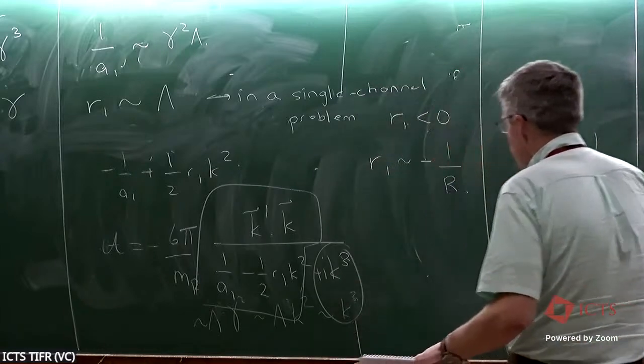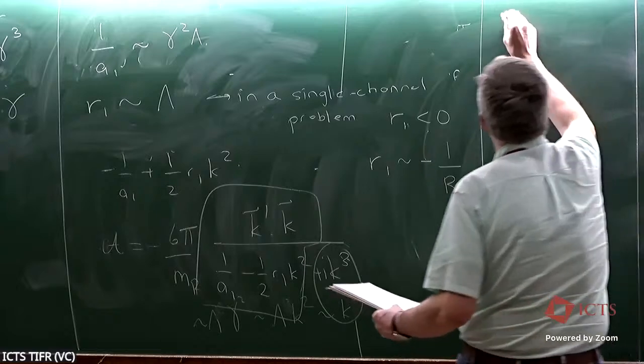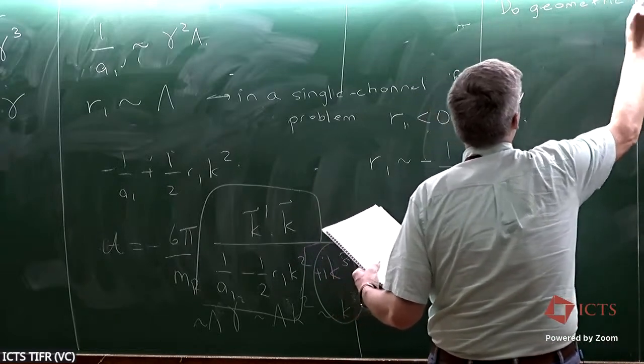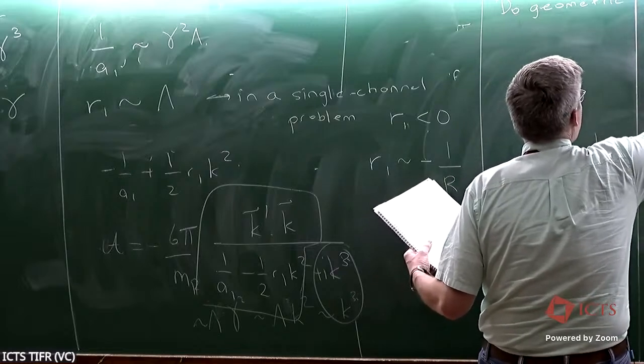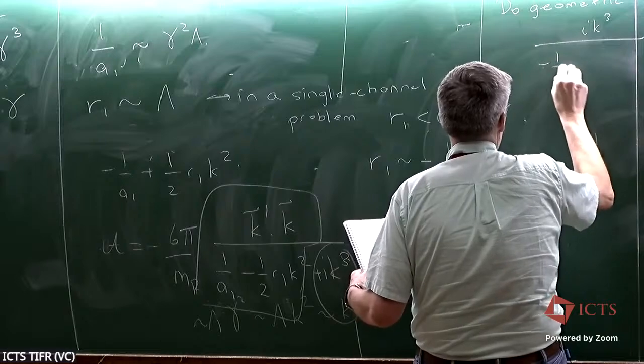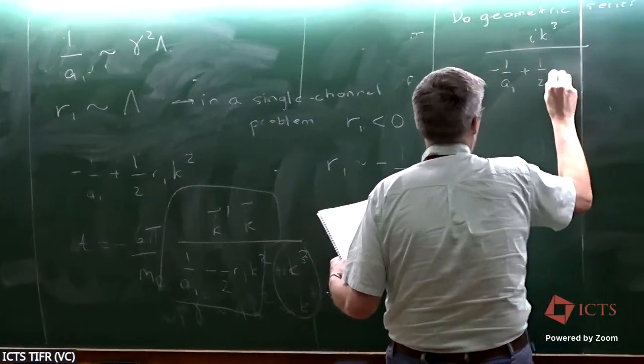And I can do a geometric series in ik cubed over minus 1 over a1 plus 1/2 r1 k squared.